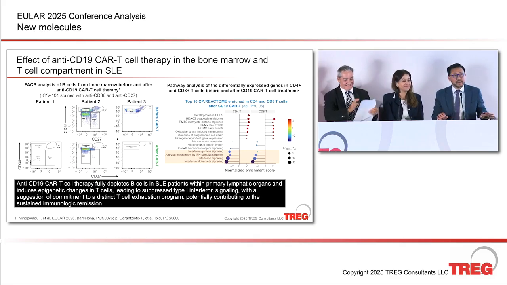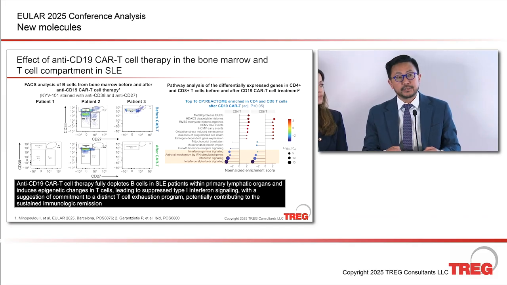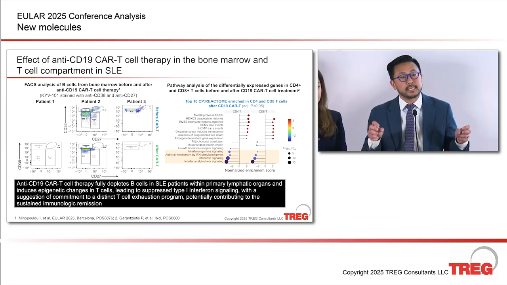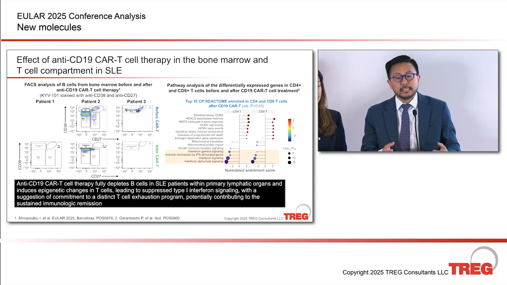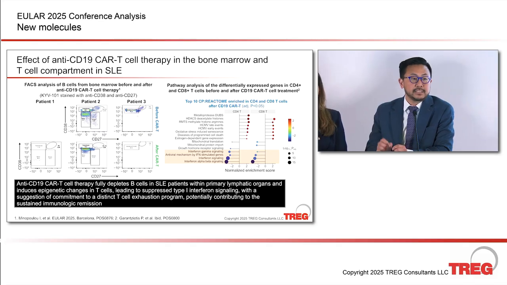So, Roy had mentioned earlier that a key distinguishing feature of CAR T cells is their ability to deplete deeply, i.e. at the tissue level. What happens after that, in the peripheral blood, has been shown: B cell resetting occurs, and naive cells come back. Why we're showing the 3 patients on the left side here is that this is the bone marrow compartment being examined, both pre and post CD19 CAR T cell.